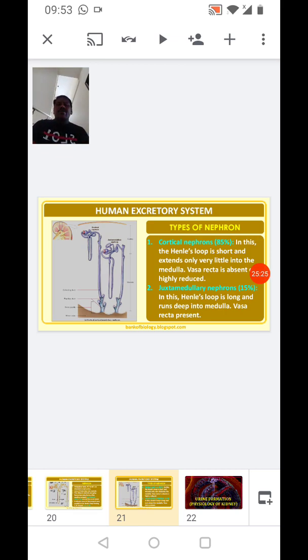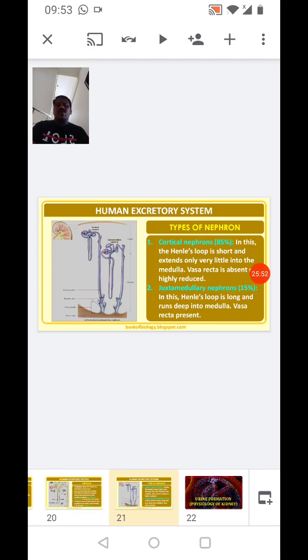The renal tubule has the proximal convoluted tubule, a hairpin-like structure called the loop of Henle, and the distal convoluted tubule, DCT. The DCTs of surrounding nephrons will join with each other to form the straight collecting duct, which enters the medulla and opens into the calyces, and the calyces further open into the pelvis.